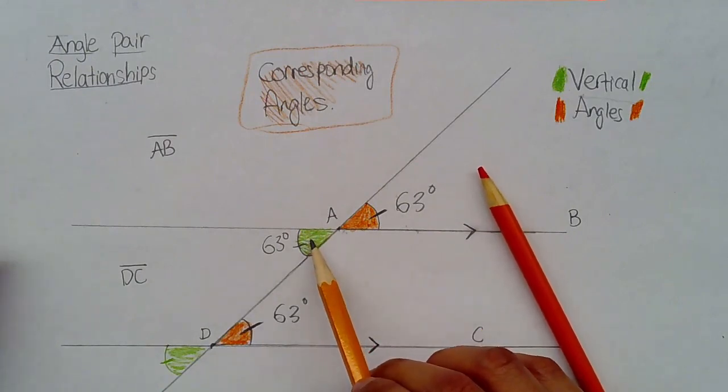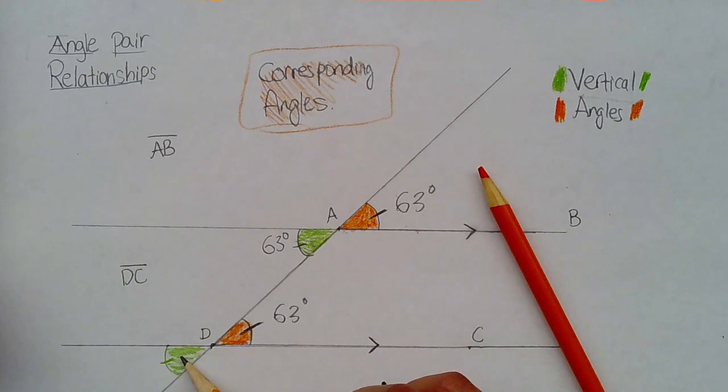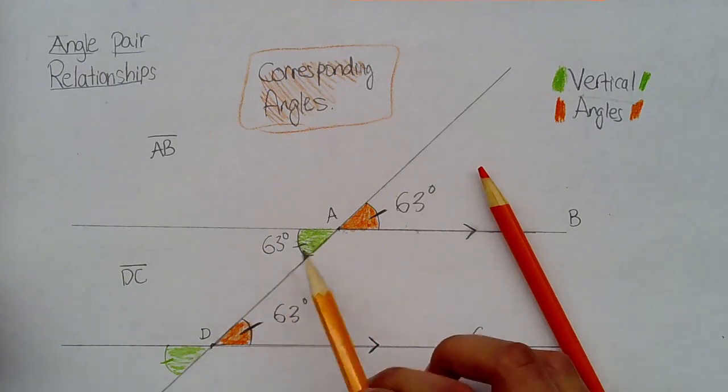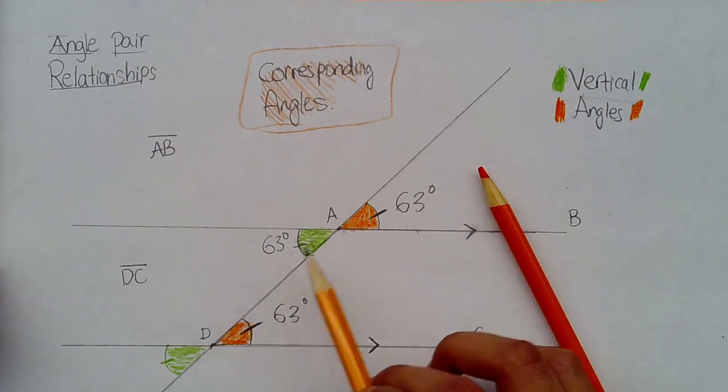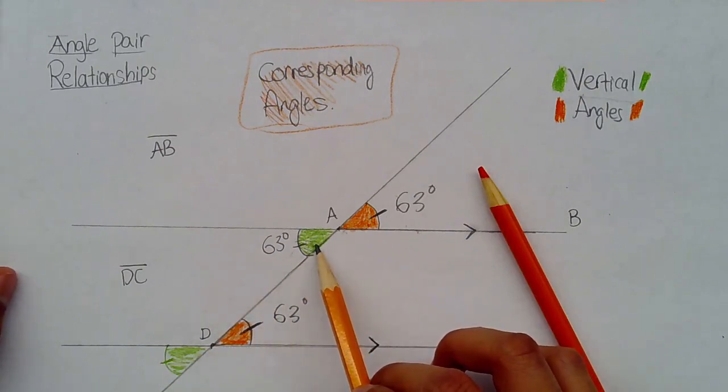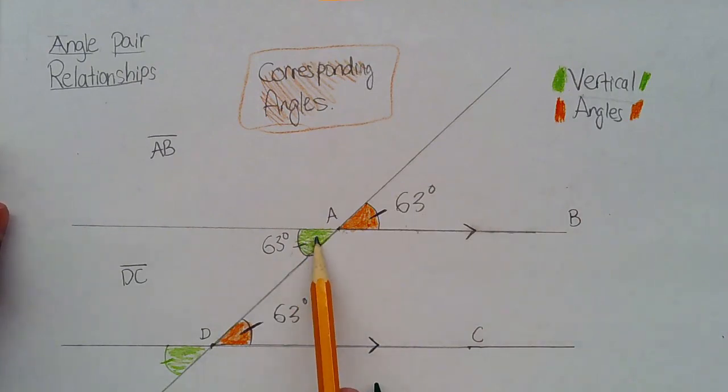And this green angle over here will be congruent to this other green angle over here because those are corresponding. But hey, check this out. We have this green angle and this orange angle.